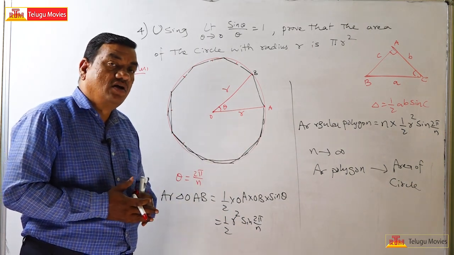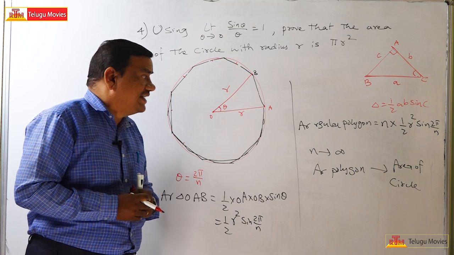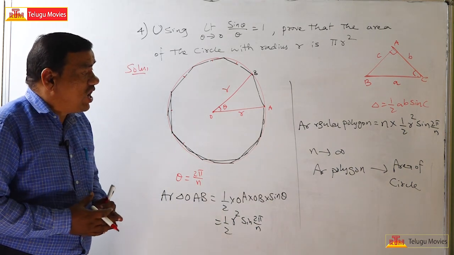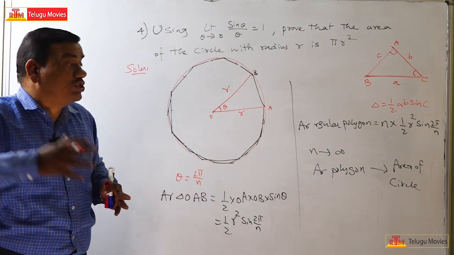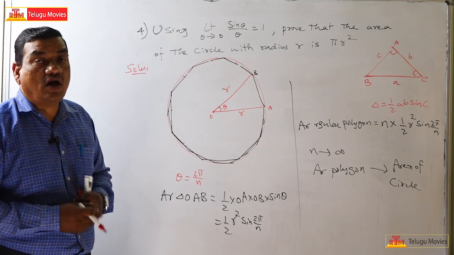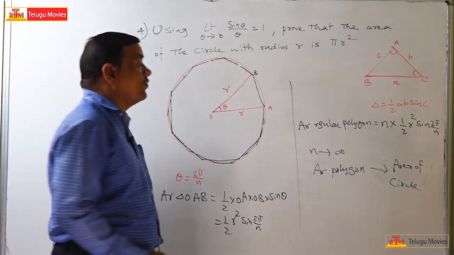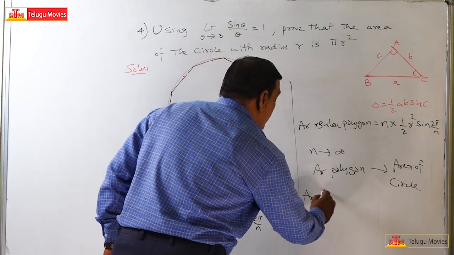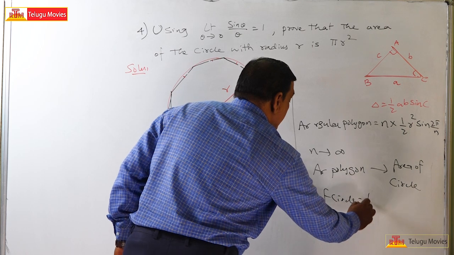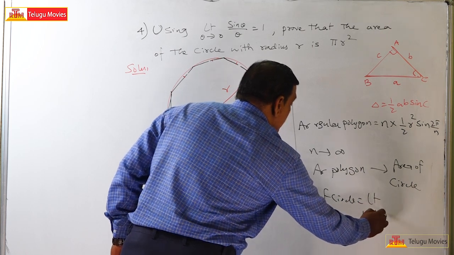Okay, now as n value goes on increasing, the area of the polygon approaches the area of the circle. So if you want to find out the area of the circle, therefore it is given by limit of n tends to infinity.